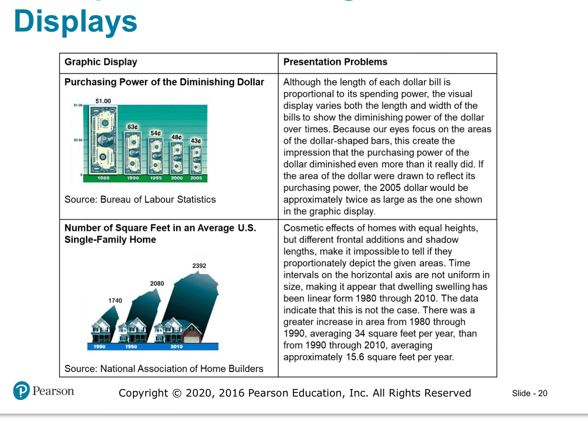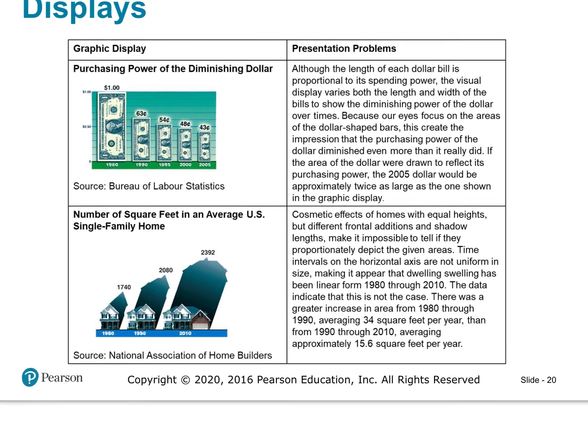And in this other example, the number of square feet in an average U.S. single family home, notice how it made it look like 3 times larger with the shadow. So you just have to look at that and see, are they skewing it in a way to make you interpret the data in a certain way? Just be careful when you're looking at your data.